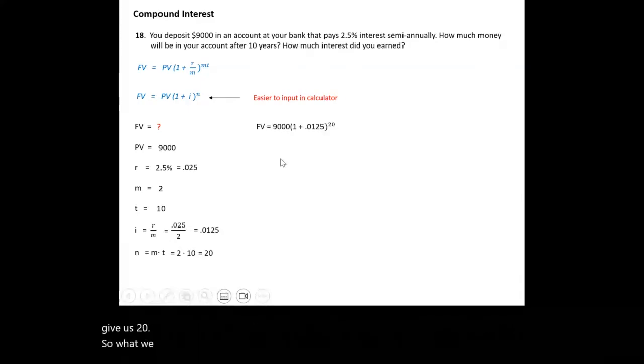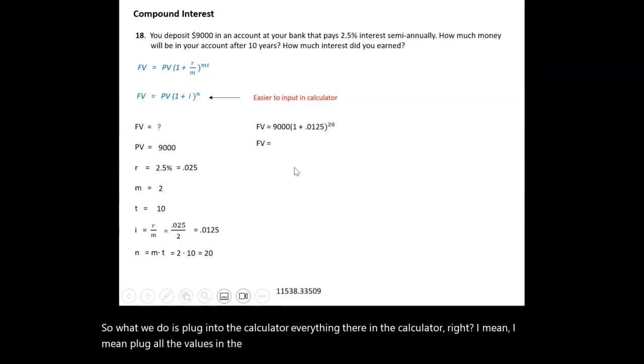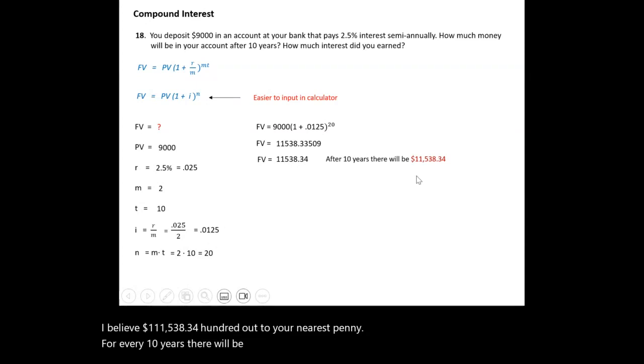So all we do is plug all the values into the formula, use the calculator, and you get, I believe, $11,538.34. Round it to the nearest penny. So after 10 years, there will be $11,538.34. Now for the second part, how much money did you earn in interest?